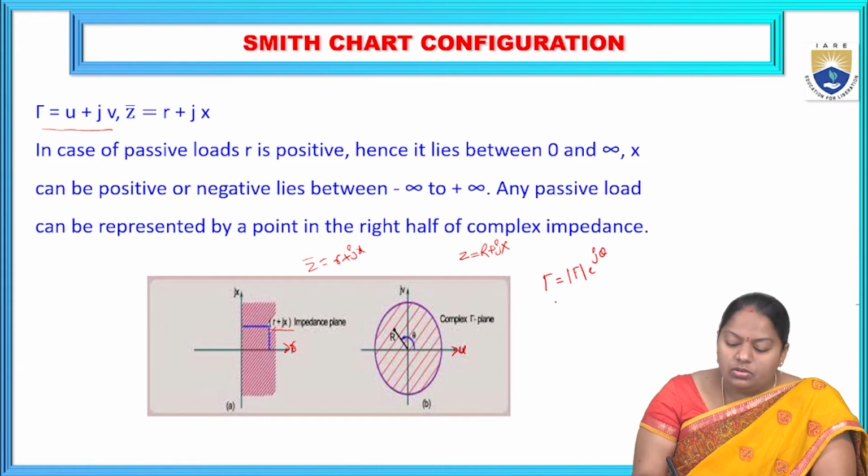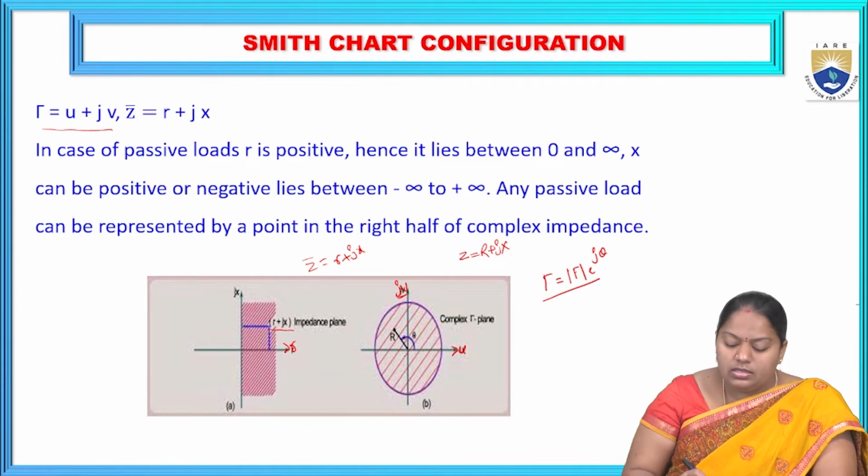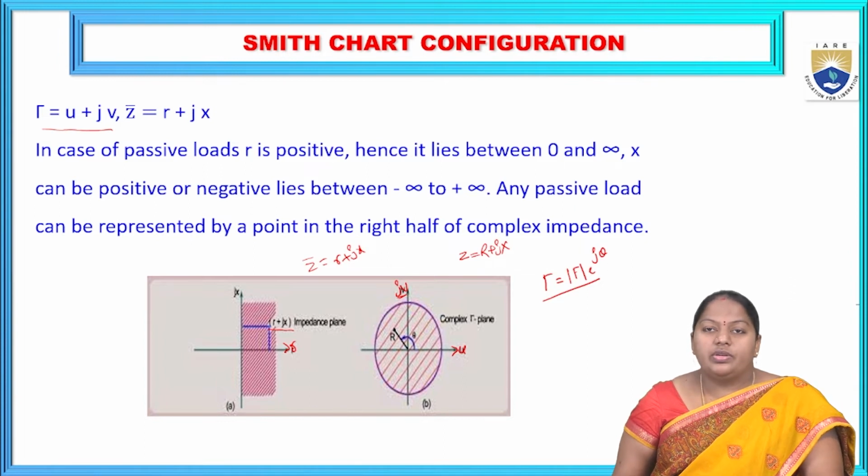To represent the reflection coefficient in complex form, the real part is represented on the x-axis as u, and the imaginary part is represented on the y-axis and given as j into v.